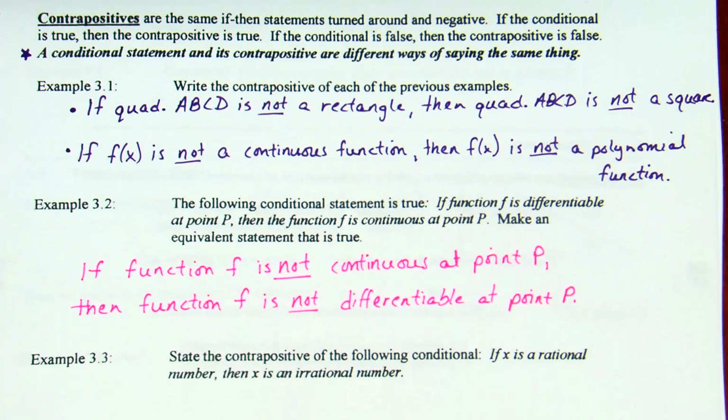One last bit of contrapositive practice. State the contrapositive of the following conditional. If x is a rational number, then x is an irrational number. So what's our contrapositive?